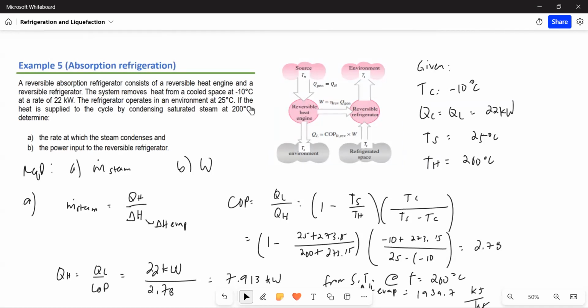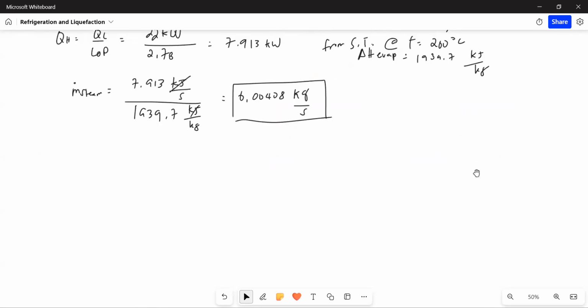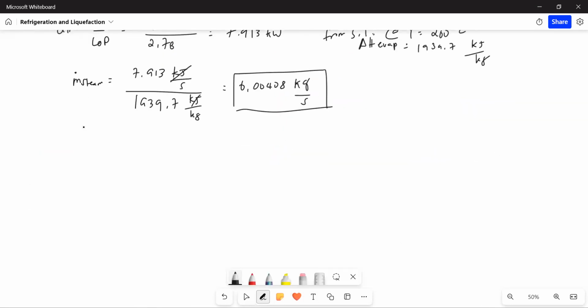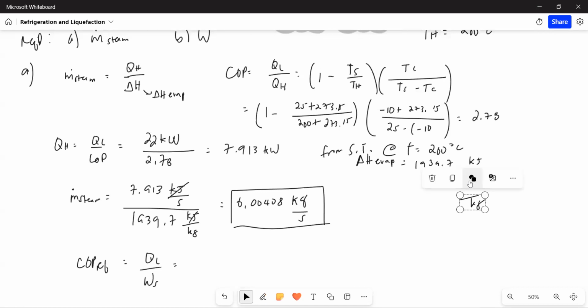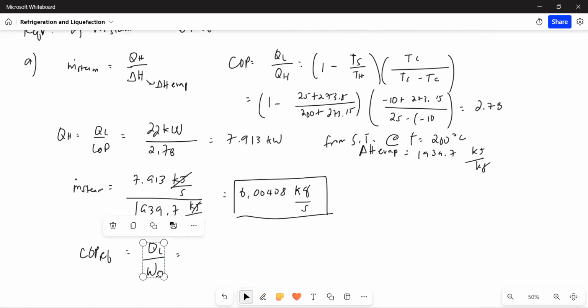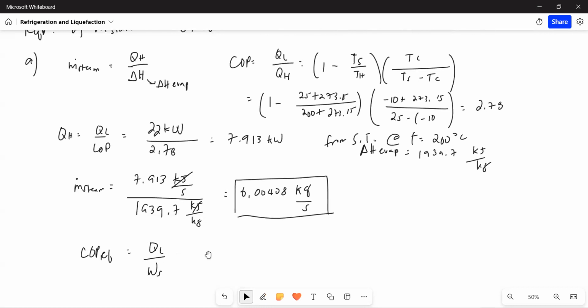So the COP of a refrigerator is QC or QL over work shaft, but this time it's not due to shaft work, so let's remove the S. And this is equal to 1 over TS over TC minus 1.